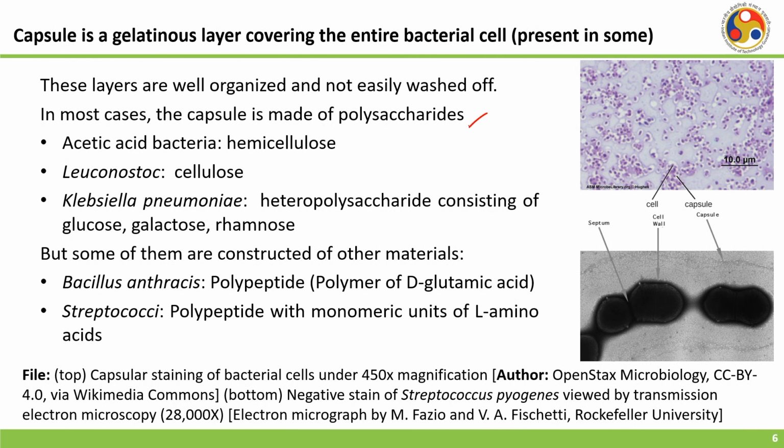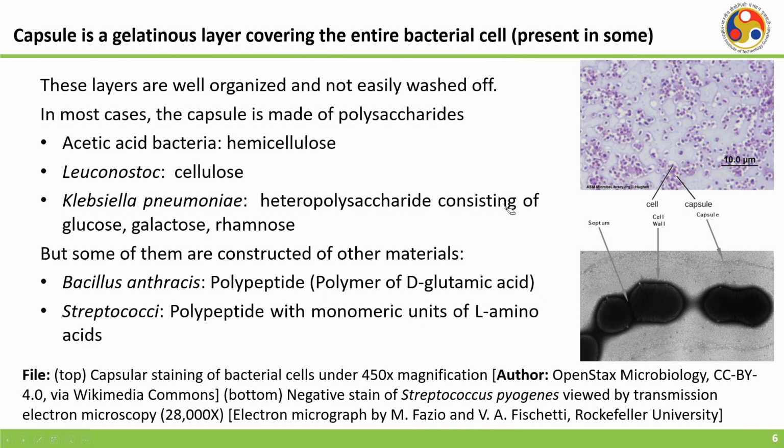For example, in acetic acid bacteria, it is composed of hemicellulose. In Leuconostoc, we have cellulose. In Klebsiella pneumoniae, we have a heteropolysaccharide consisting of glucose, galactose, and rhamnose. And some of them are also constructed of other materials, like Bacillus anthracis has a polypeptide, which is a polymer of D-glutamic acid.